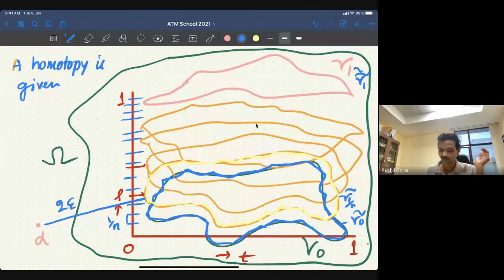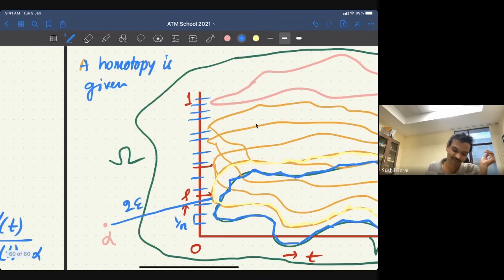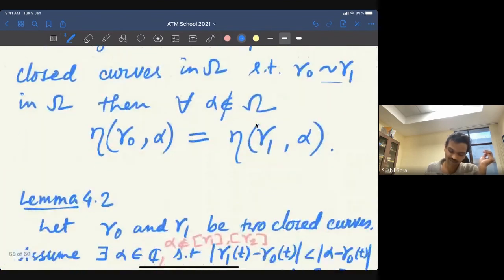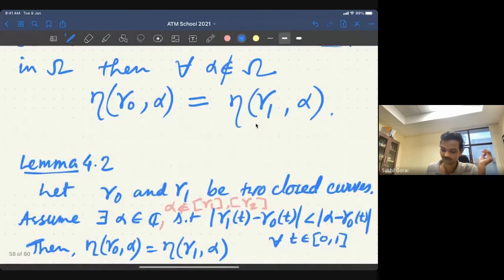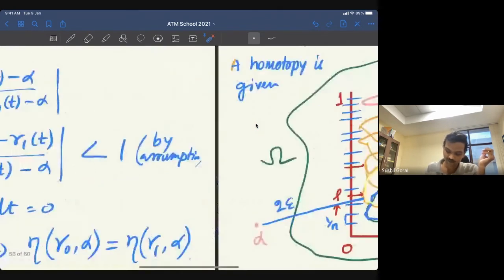All right. Now this gamma naught and gamma naught tilde are very close, right? The winding number with respect to alpha does not change, again by this lemma. By this lemma, you can show this. Gamma naught tilde and gamma naught are very small compared to this.